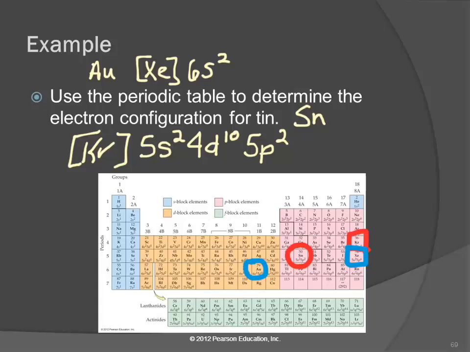We would predict that it would be 5d9. That's what I would expect you to predict. In actuality, though, one of the 6s electrons goes over here, so that one can be completely full and the other one can be half full.